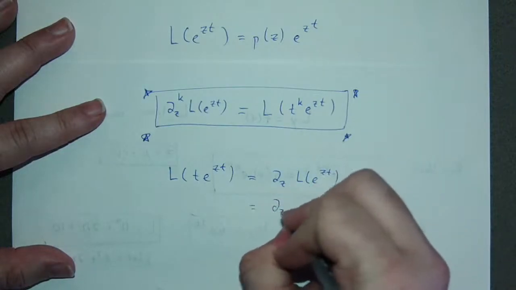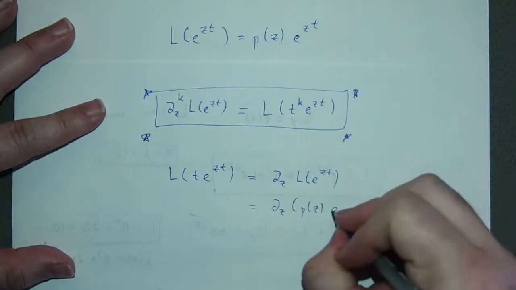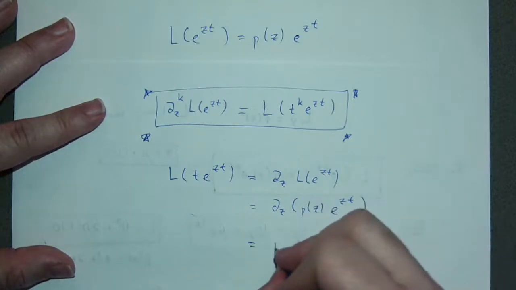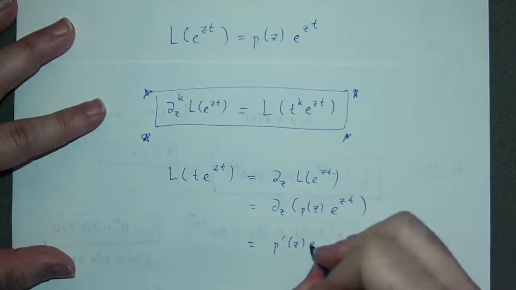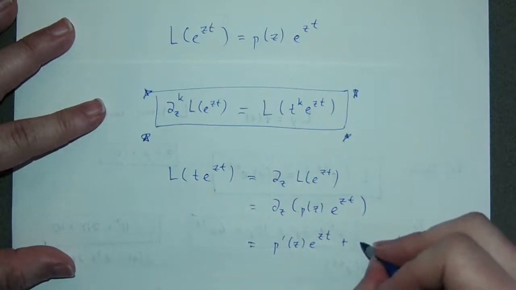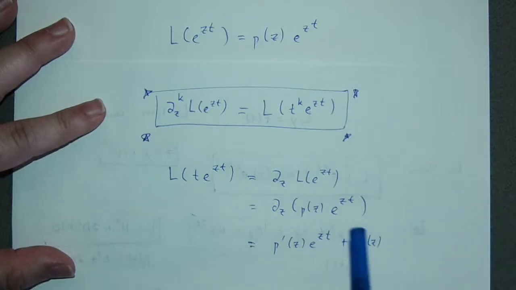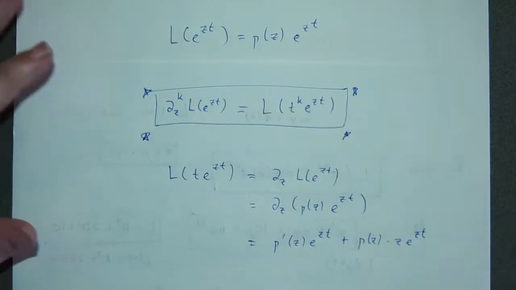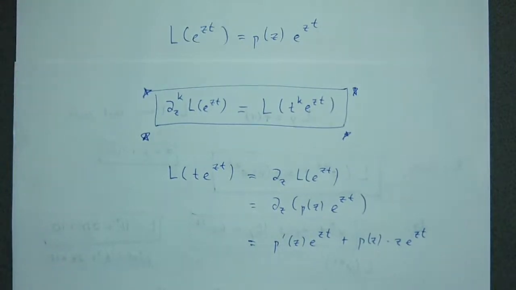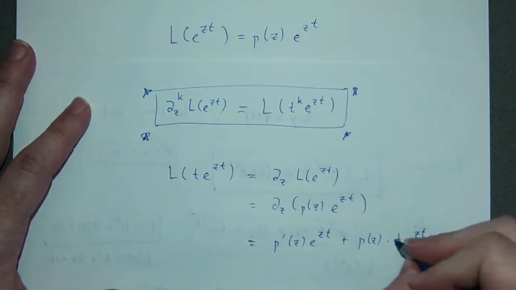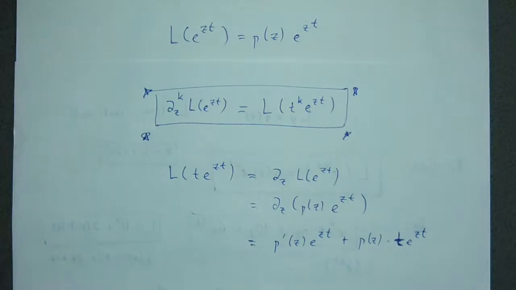So this is the derivative with respect to z of p of z e to the zt. I have to use product rule here since both of these things depend on z. So this would be p prime of z e to the zt plus p of z times, sorry, I'm taking the derivative with respect to z, so this would be t e to the zt.